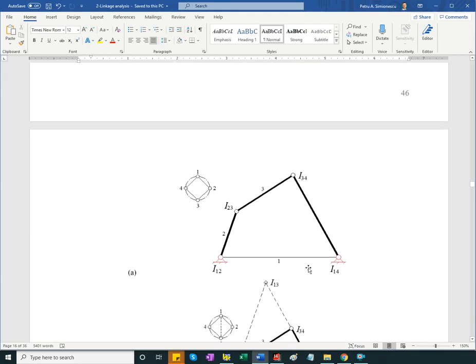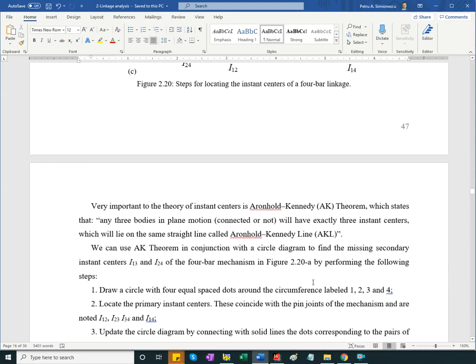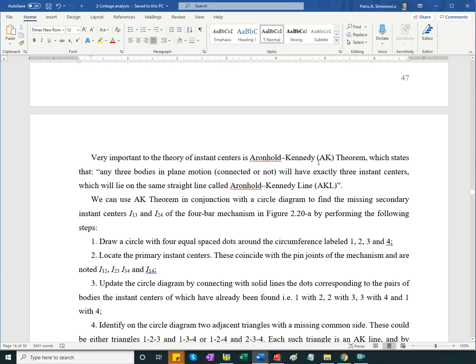Okay, so in the instant center analysis, we're going to make use of what is called the Aronhold-Kennedy theorem, which states that any three bodies in plane motion, connected or not, one of them could be stationary, will have exactly three instant centers. That's something that we agreed upon early, but the valuable part of the Aronhold-Kennedy theorem is that these 3 instant centers will be on the same straight line.